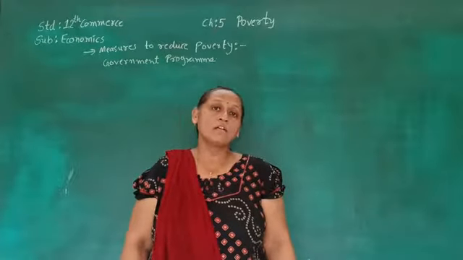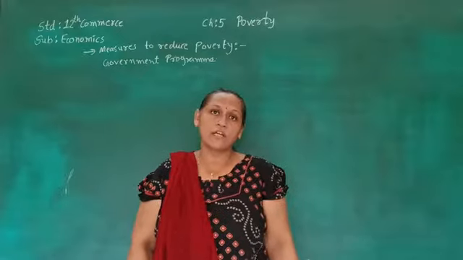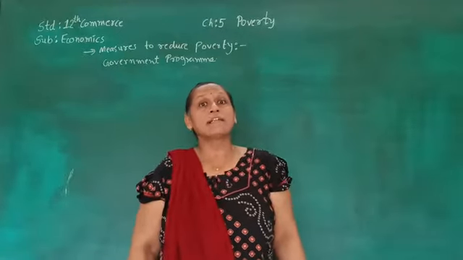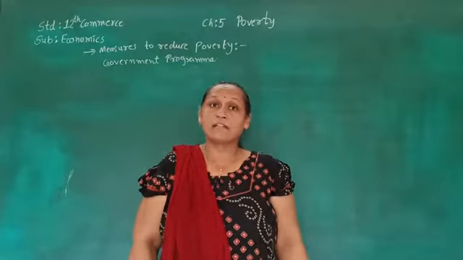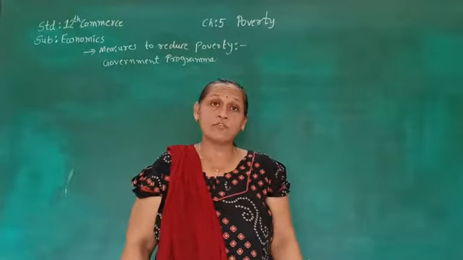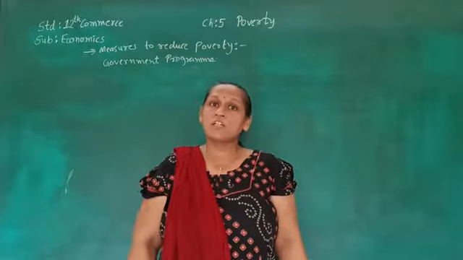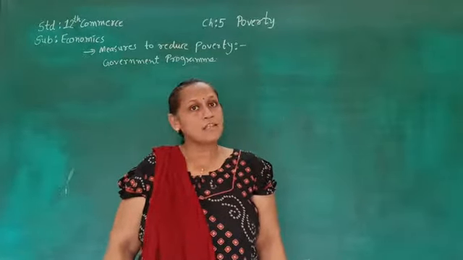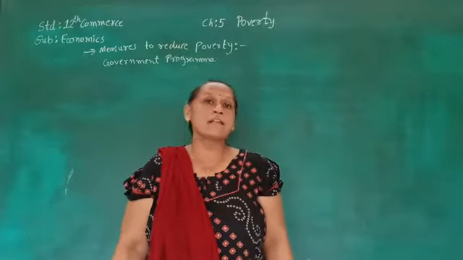The third government program was the Prime Minister Rozgar Yojana. In the decade of the 90s, there was stagnation in all sectors, and even negative growth in the private sector. So generation of employment was stagnant, and the unemployment rate increased day by day.